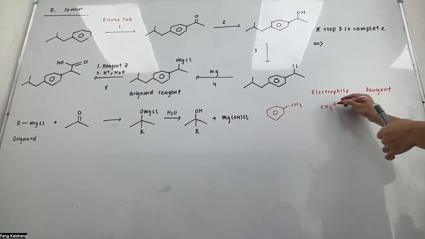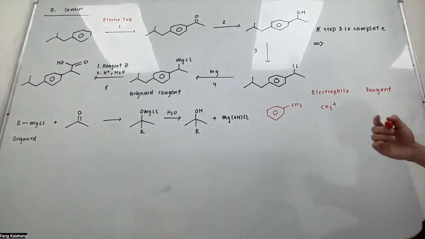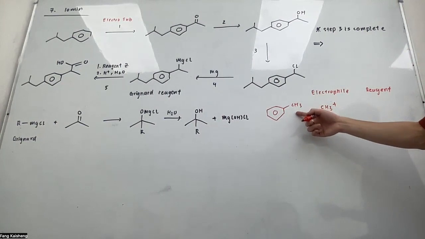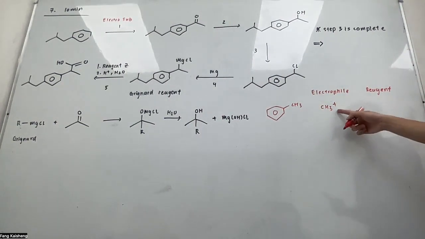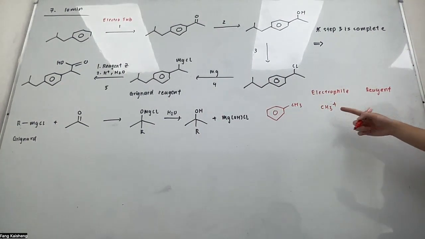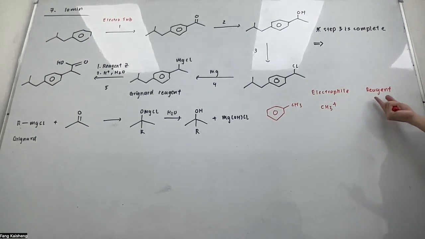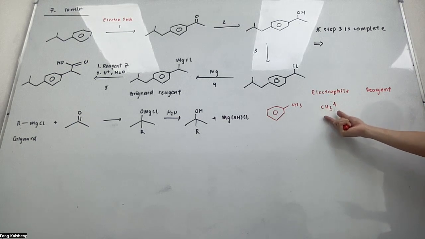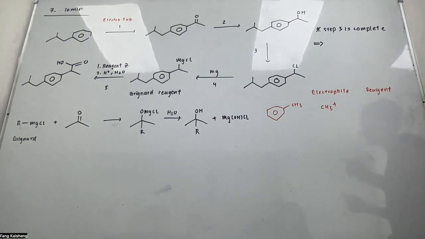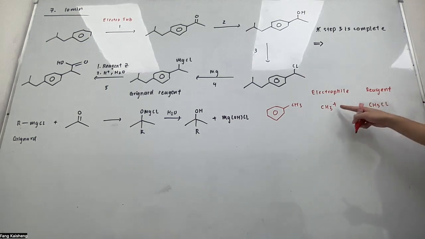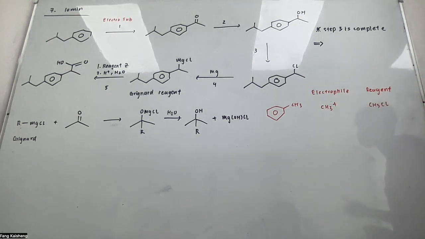All you need to do is put a plus on the substituent. So this is CH3 plus. You can't just introduce the electrophile straight away. You have to introduce a reagent which will then generate this electrophile. So what's the reagent here called? It's actually CH3Cl. Remember, you just need to place a halogen there, and then the Cl will eventually leave to form this stronger electrophile.